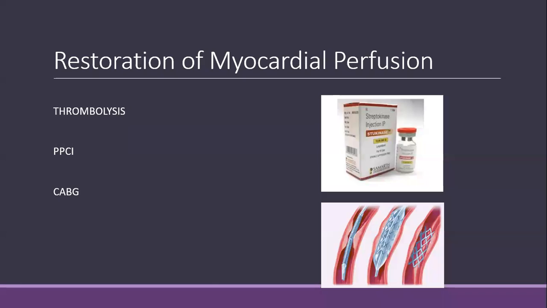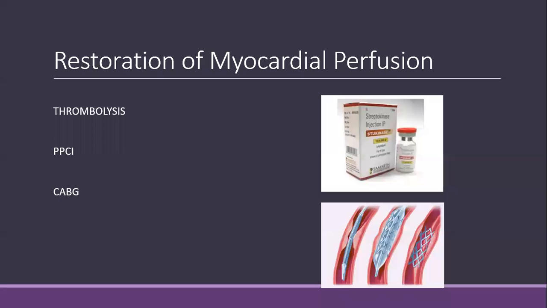So we discussed that whenever there is a blockage of the coronary artery, you have three means by which you can restore the blood flow. One is the pharmacological treatment, that is the thrombolysis, and percutaneous coronary intervention, and coronary artery bypass grafting. So these are the different means by which you can open the artery.